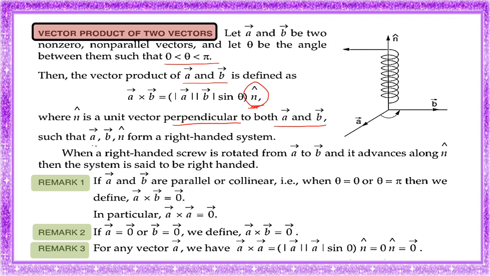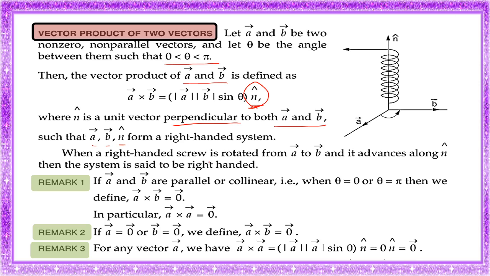And vector A, B and unit vector n form a right-handed system. When a right-handed screw is rotated from A to B and it advances along unit vector n, then the system is called right-handed. It is known as the right hand thumb rule also. You must have done this in your junior classes sometime.